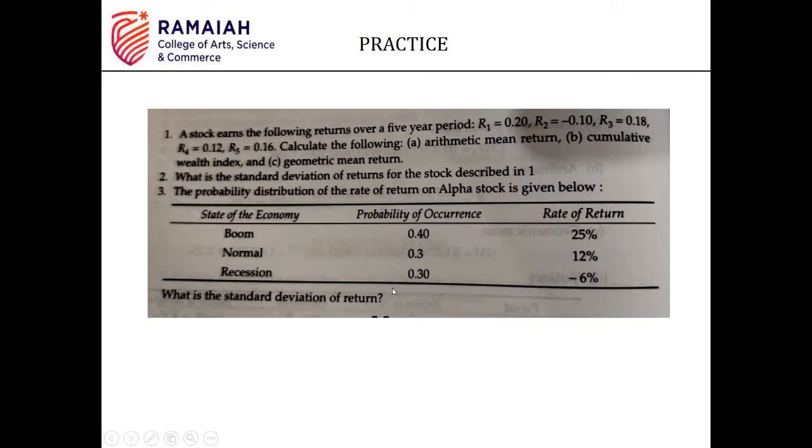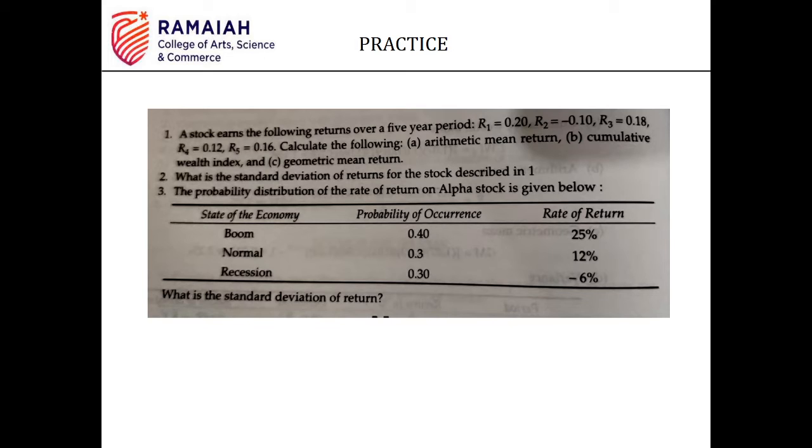Third problem I'm solving. They have given you the state of economy. What is boom? Boom is when your economy is doing very well. Normal is a normally expected state of economy. Recession is when things are not going very well, and there'll be a lot of chaos in your economy.